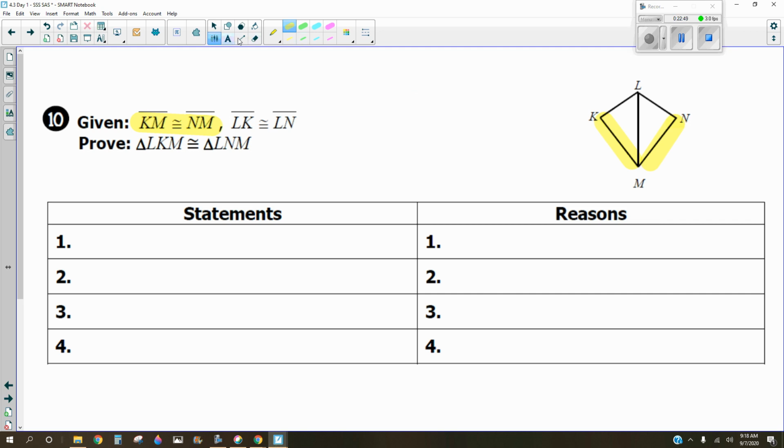So then we're going to write KM is congruent to MN because they gave it to me. It's very hard to write with a mouse, by the way. Okay. Given.